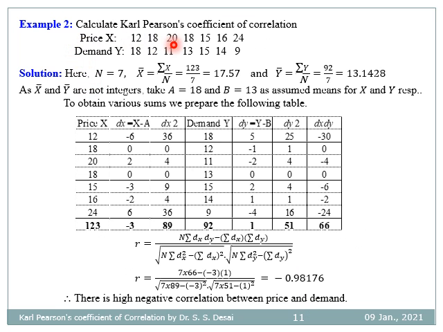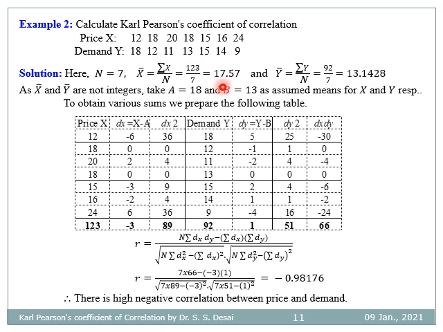Let us see another example in which the means are not integers. So calculate Karl Pearson's coefficient of correlation for price and demand values. Here they have given n is equal to 7, the number of pairs of observations. Here x bar is 17.58 and y bar is 13.14.